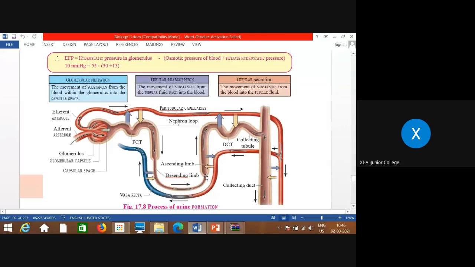That's why I will show you: these blood vessels, this portion, is called the vasa recta, which covers the loop of Henle. That also helps in the process of urine formation.